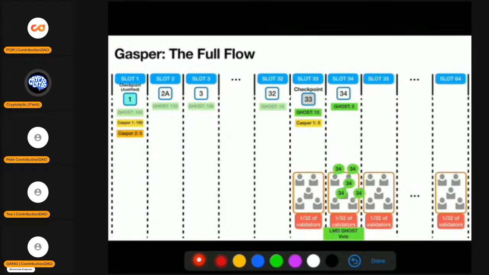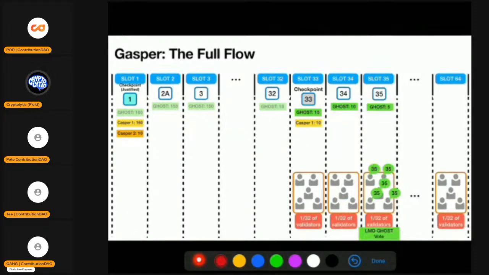And then moving to slot 34, this guy also makes the LMD GHOST vote for slot 34, and the vote also affects this one and this vote. It's going to vote for Casper FFG 1 for their checkpoint, and also vote for Casper FFG 2 for their previous checkpoint.